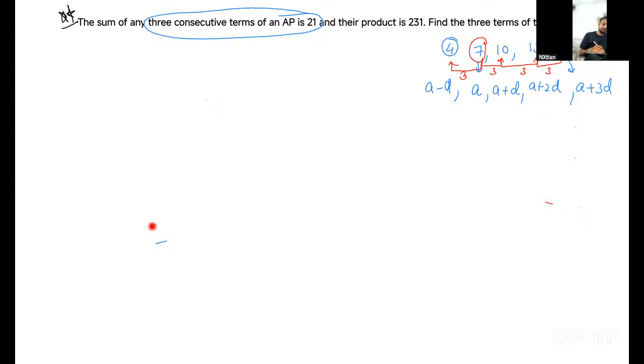So my three consecutive terms will be A minus D, A, and A plus D. They didn't tell me that you should take consecutive terms from the starting of an AP or from the ending of the AP. You can take any consecutive terms of an AP. So what I did here, I take three consecutive terms of an AP as A minus D, A, and A plus D, like this. Understood, guys?